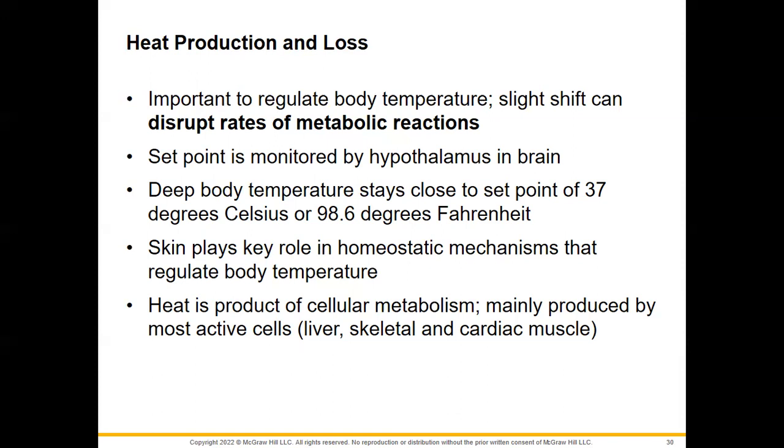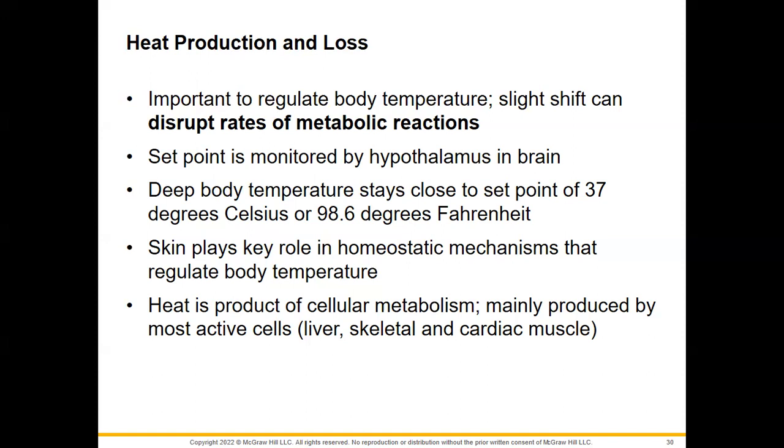The skin plays a role in homeostatic mechanisms that regulate body temperatures. Heat is a product of cellular metabolism. So as the cells are alive and they're doing just what they do, they're dividing, they're making product, they're making DNA, they're making ribosomes, etc., all the things that it's doing, it's going to produce heat as a byproduct. And that's part of what's helping to maintain this set point.